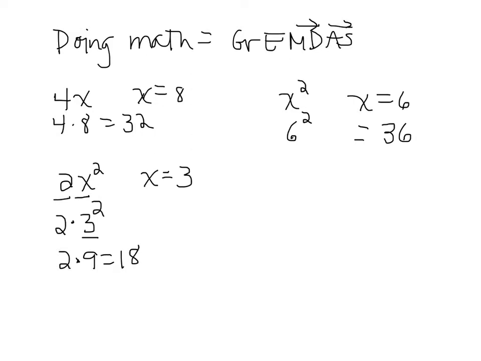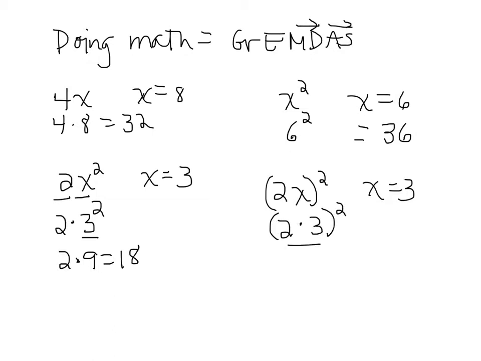That's different than if I say (2x) squared for x equals 3. Showing replacement, I've got (2 times 3) squared. Now I have to do the grouping symbols since something's going on in here. Now I get 6 squared, and that gives me 36.